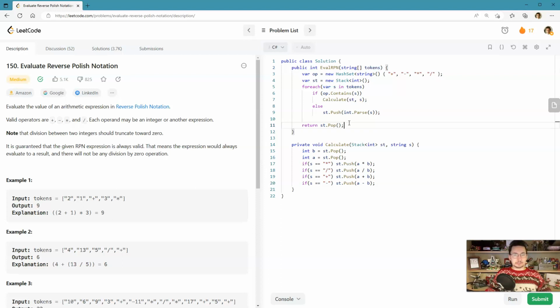About memory consumption, it is also big O of n because it is possible that we will store almost the whole array of values and only then we will have operations which will collapse the whole stack. So it is big O of n CPU time and big O of n memory.